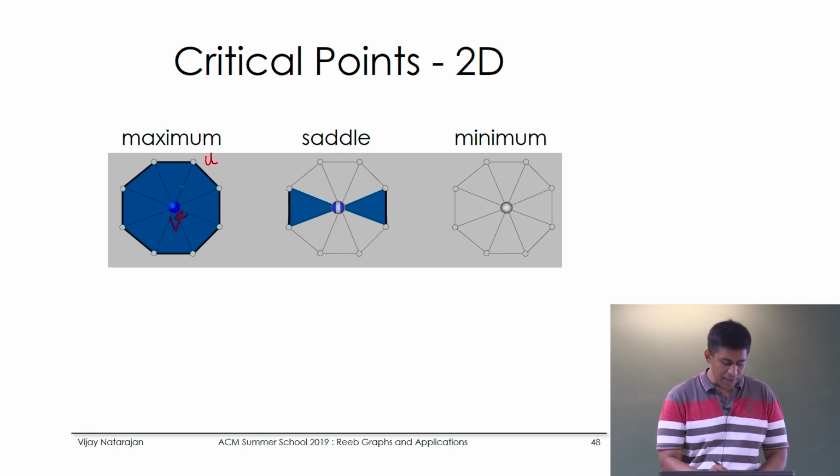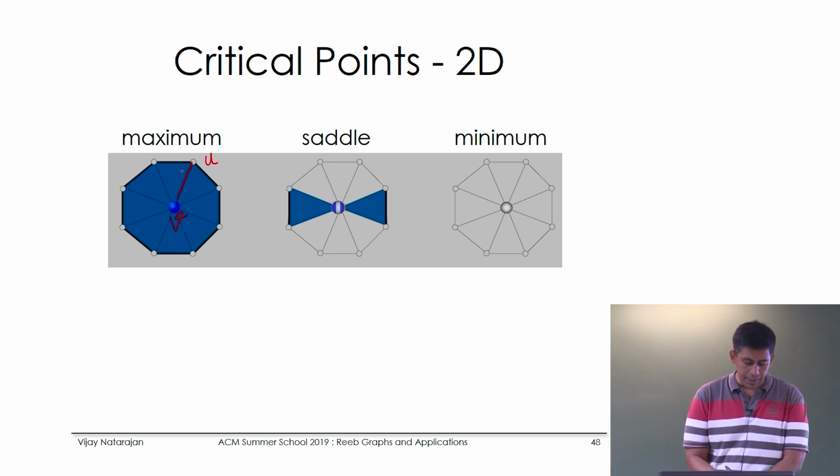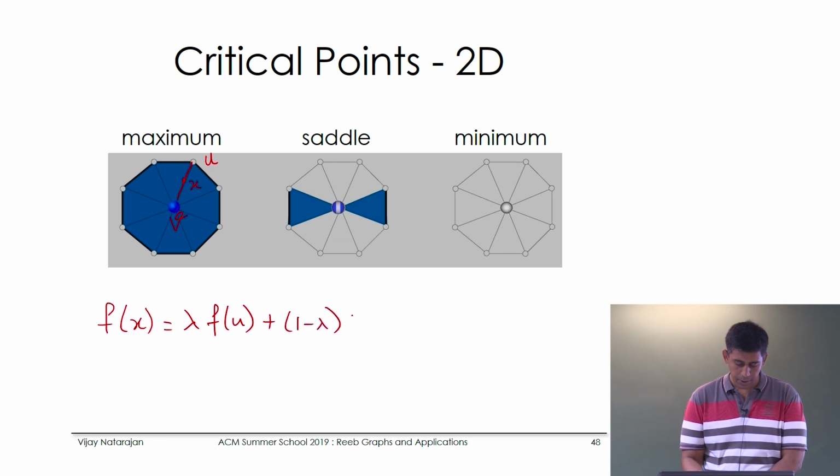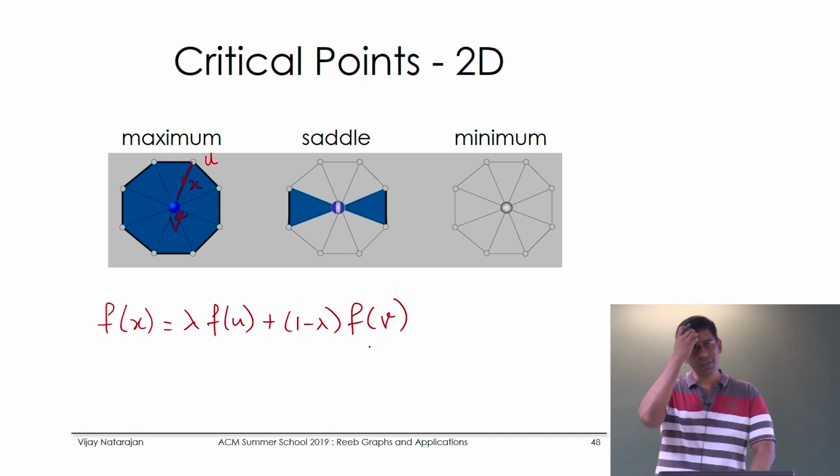So the function value along this edge can be written as, if this is a point x, if I use linear interpolation, what will be the value at x? Some lambda times f of u plus the remaining weight times f of v, right, that is linear interpolation.